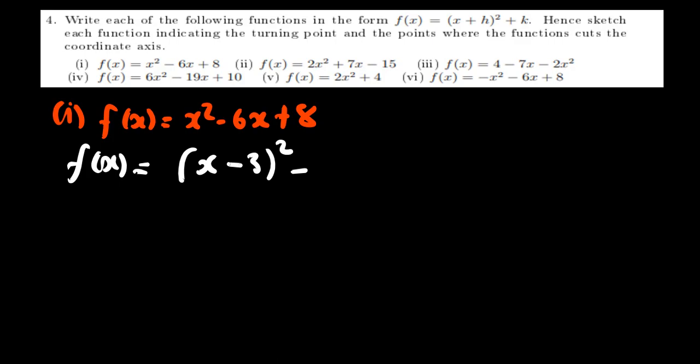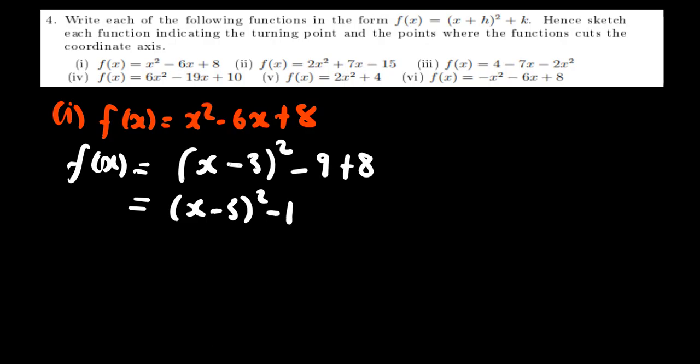Okay, so I have a 9 plus 8. Okay, what am I going to have? This is the simplest form. So I have x minus 3 squared negative 9 plus 8, that is just a negative 1. So this will be your simplified form.